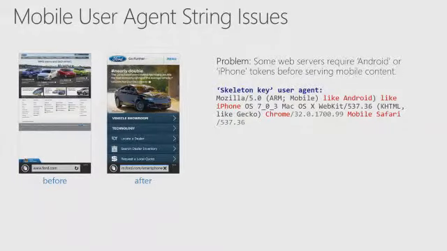The way is just to say that we are not only IE, we are also acting like Safari or Android, and the web server code will think that we are an iPhone and an Android device, and will serve us the content for the mobile. And it's going to work directly because there was no problem on the rendering part or JavaScript engine. It was just some bad detection on the server side that was breaking the rendering on the mobile version.